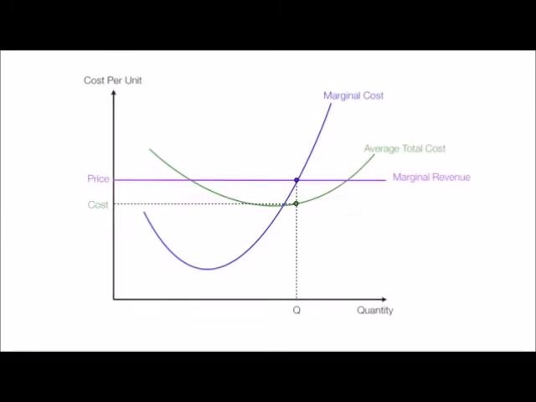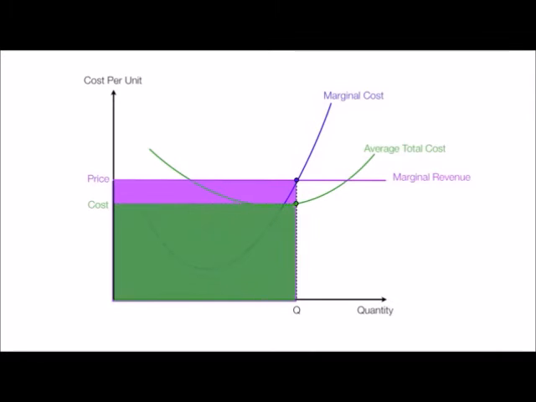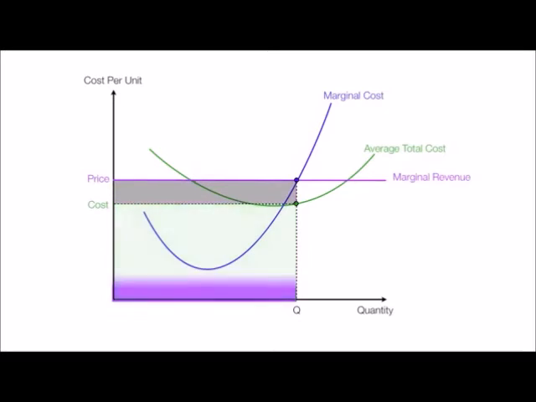So visually, I can take this purple, which is total revenue, and the green, which is total cost, and the dark purple area is actually profits now. And I'll make that gray, see it a little easier. Profits. The width of that rectangle is Q, or quantity.